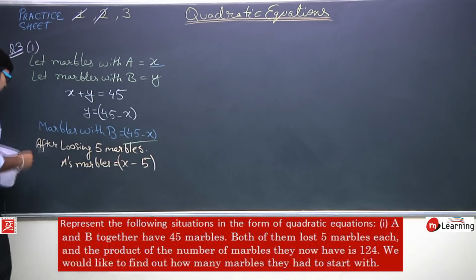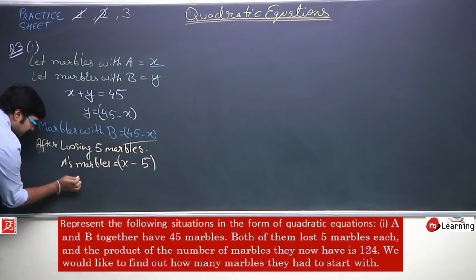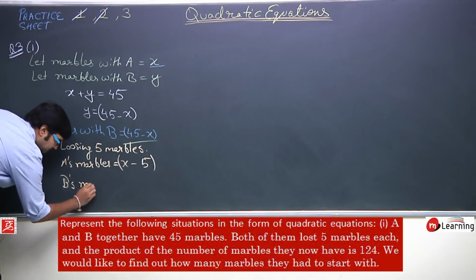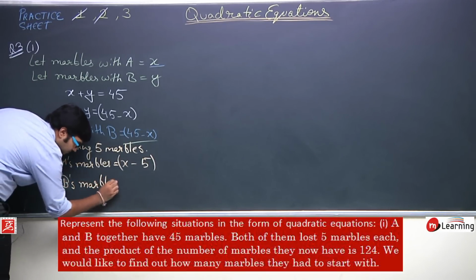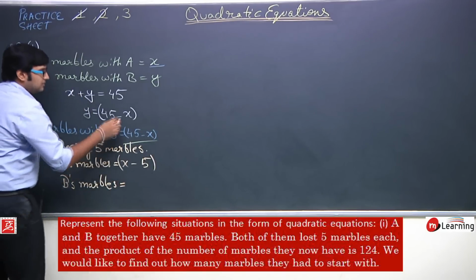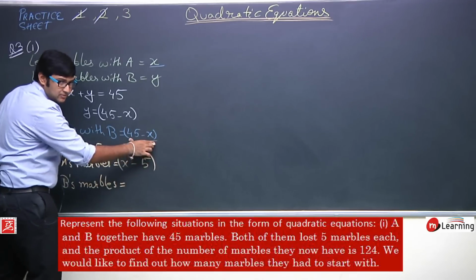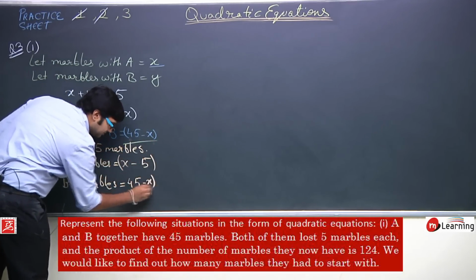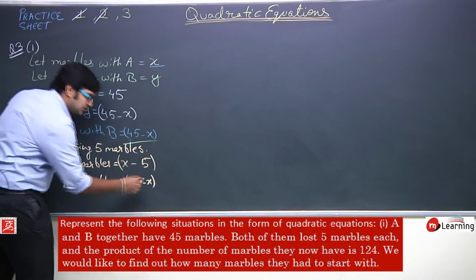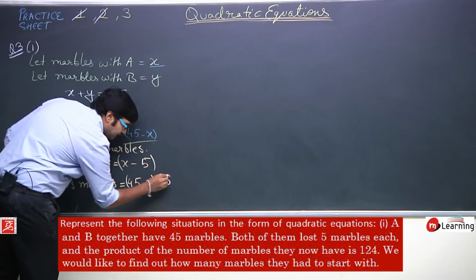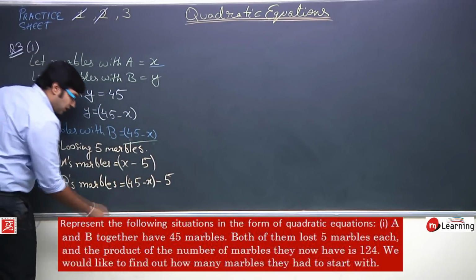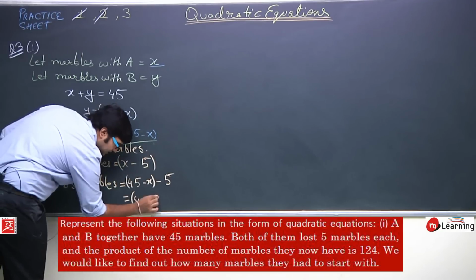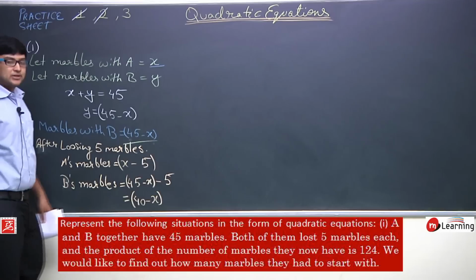And what are the marbles with B? B initially has 45 minus x marbles, so after losing 5 it will be 45 minus x minus 5. So in all, B will have 40 minus x marbles.